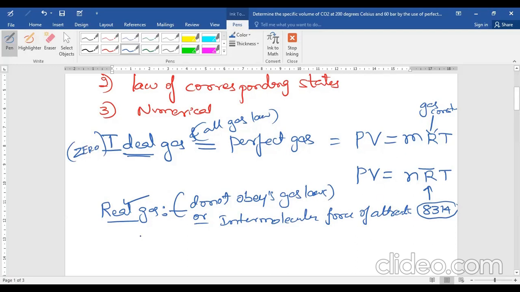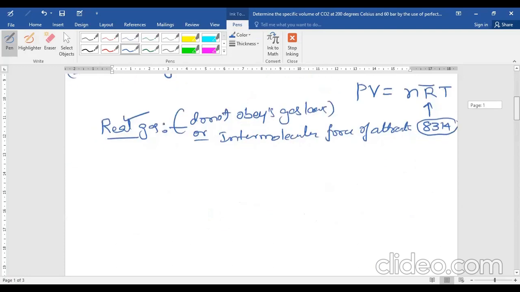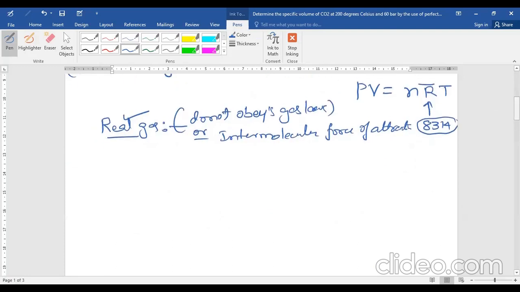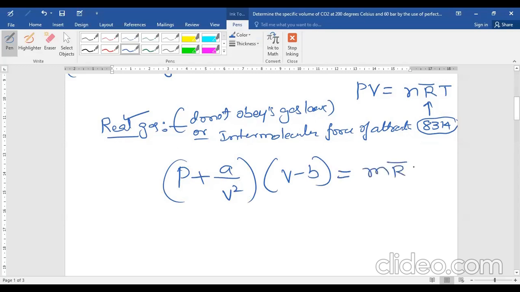There are different types of real gas equations, but for your syllabus, for your curriculum, there is one equation I will write here. (P plus a by V square) into (V minus b) is equal to mRT.